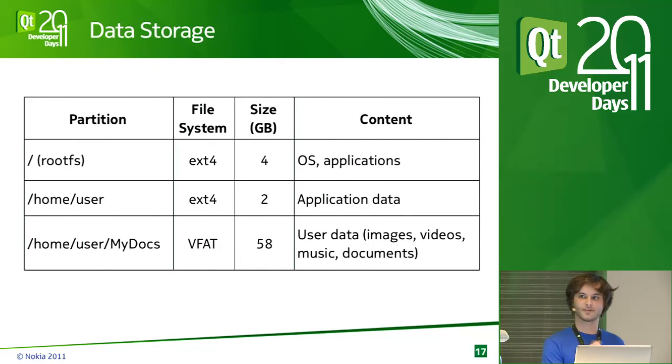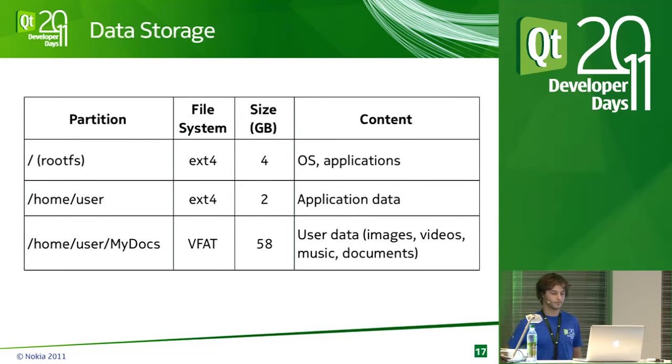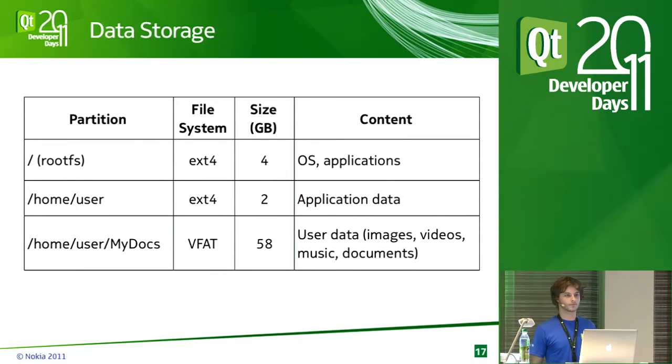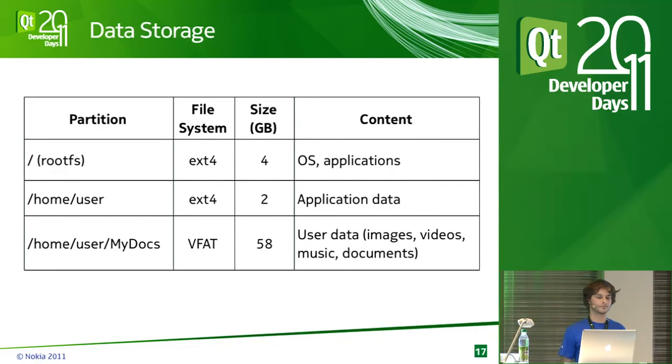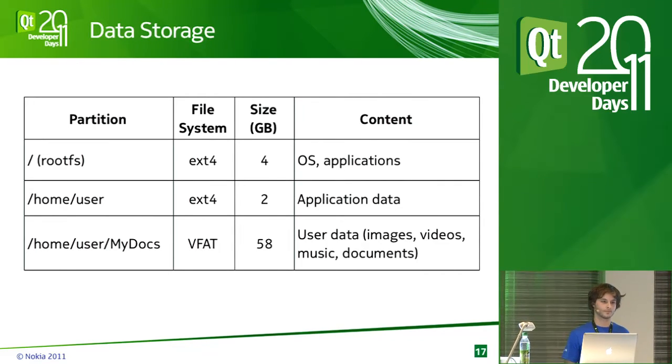Yes? Question? I have a third topic here now, because I had a problem with that on the N900. The VFAT: if the phone crashes or whatever happens to it, are you doing a file system check?